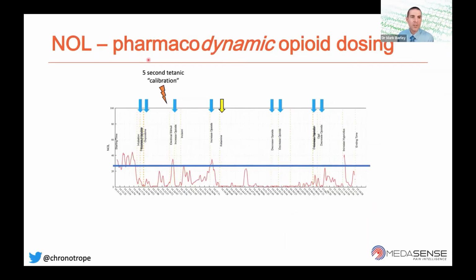I find that the NOL assists me with pharmacodynamic opiate dosing rather than just using pharmacokinetics. Here we can see where I've applied a 5-second tetanic stimulus to the patient as a form of calibration and optimized my opiate dosing prior to knife to skin. Every blue arrow is a point where I have made a change to my opiate delivery, and I make far more changes and fly my patient above the peaks and troughs of surgical stimulus with far more accuracy with the NOL than I would do using my conventional clinical skills.